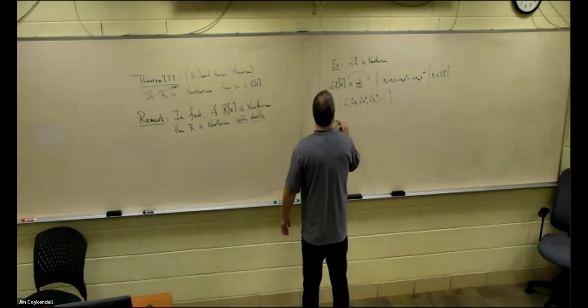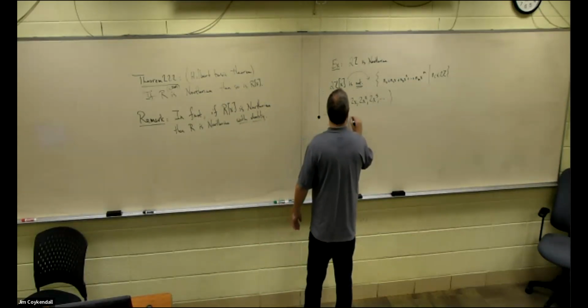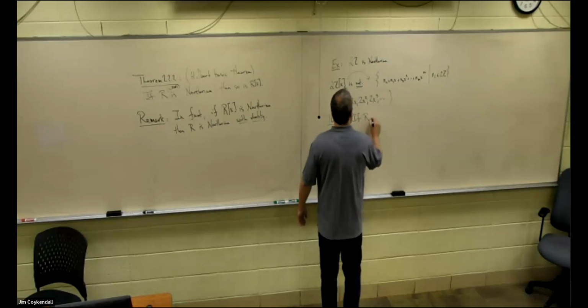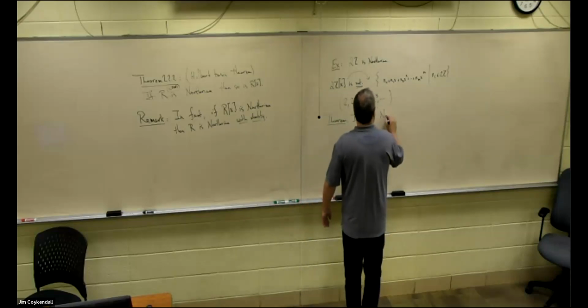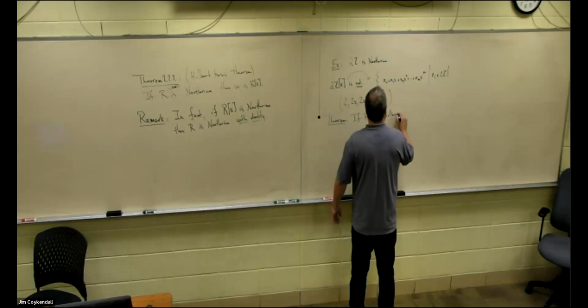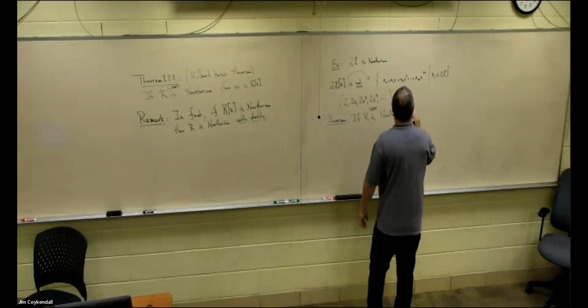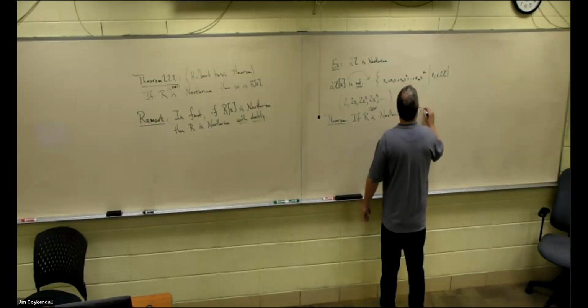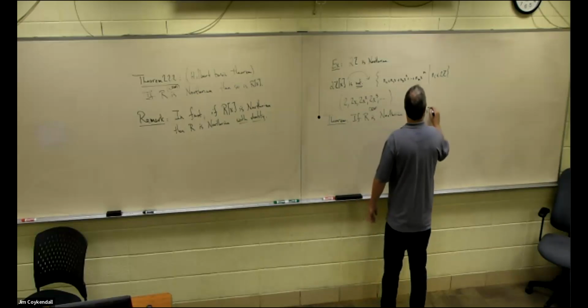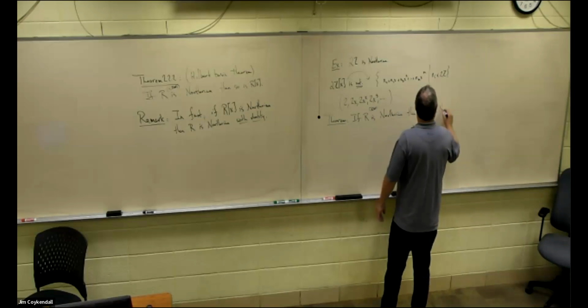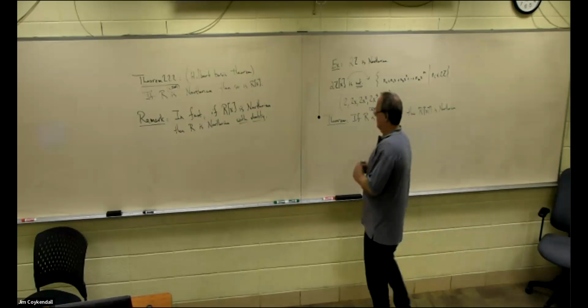Theorem. If R is Noetherian, again, we want to communicate with identity, then R[[x]] is too.